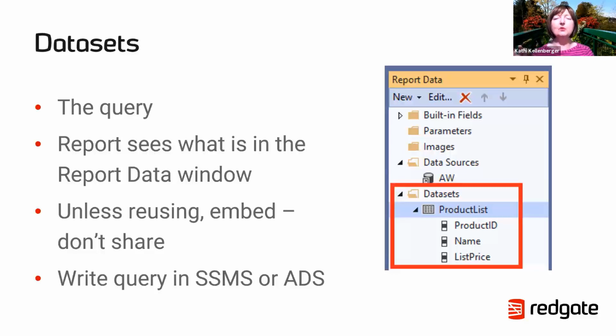And what we really want published for people to be able to reuse are things that will be reused, such as, in this case, a list of products might be reused in lots of reports. I'm going to hold off on that for a couple of classes to talk more about shared data sets. But for now, just know that 95% of the time, the data set should be embedded.